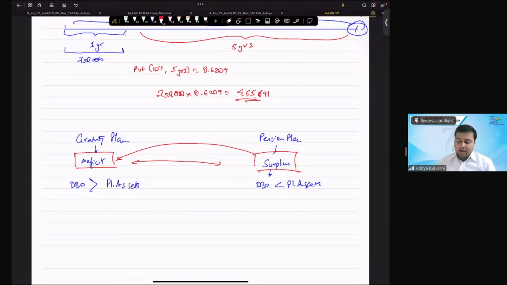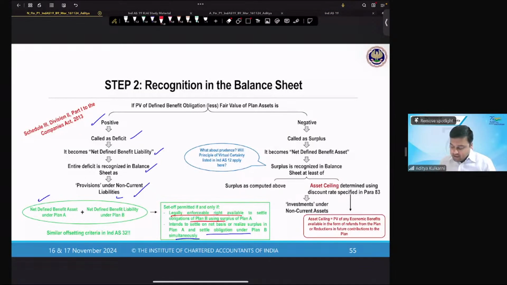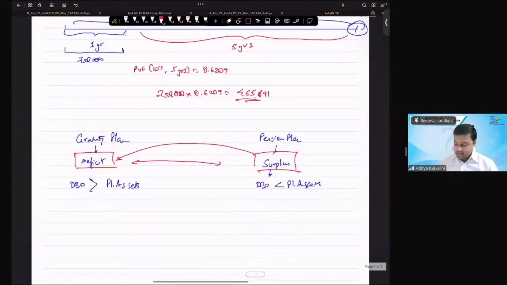And second, it intends to settle on a net basis, or it intends to realize the surplus and settle the liability simultaneously. That means the settlement of this deficit will happen concurrently with realization of the surplus in this plan. If these conditions are met, legal enforcement plus simultaneous or net settlement, then there is no harm in offsetting. Otherwise, please present your deficit separately and your surplus separately.